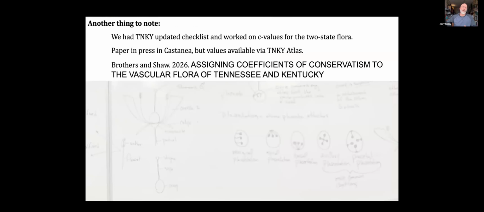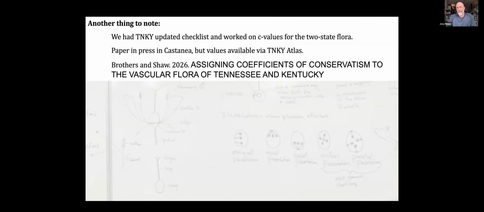Another thing I want to note really quickly is that because we had a two-state updated checklist that I had sort of refined or reconciled with Weekly, Seven Brothers, one of my former graduate students, and I worked to assign coefficients of conservatism or C values to the two-state flora.